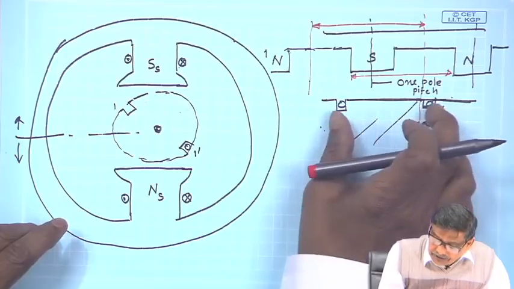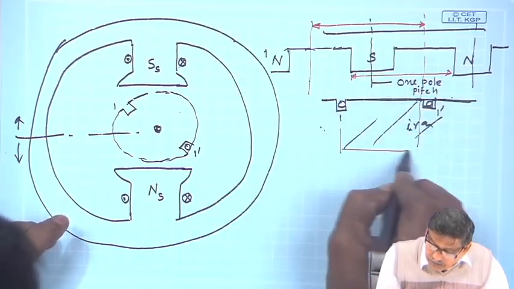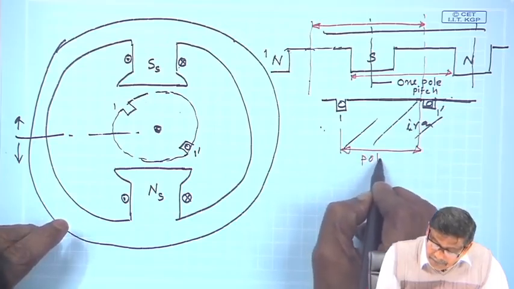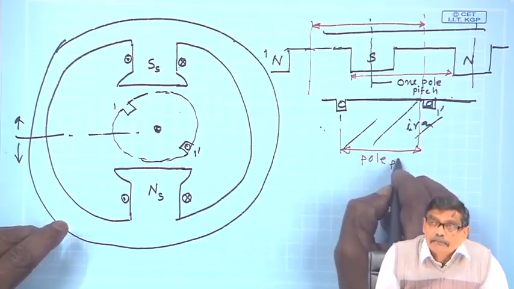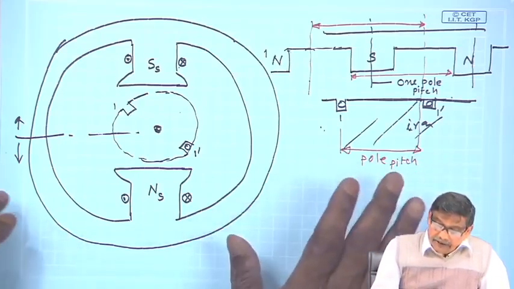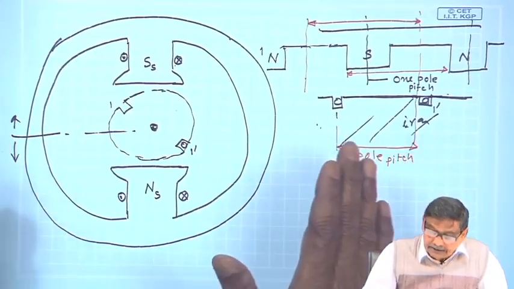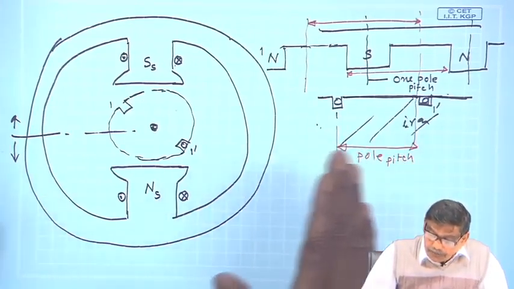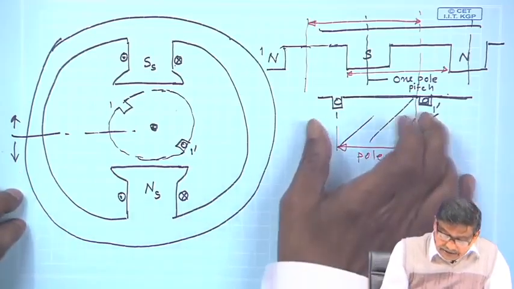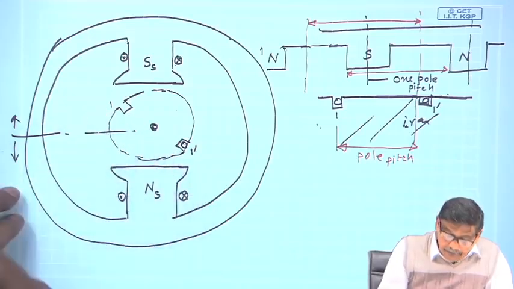As it moves, if it is centered here, this is also one pole pitch. The reason for placing the two coil sides one pole pitch apart I have explained earlier, and this is how I have done it. That's why I have put them diametrically opposite.